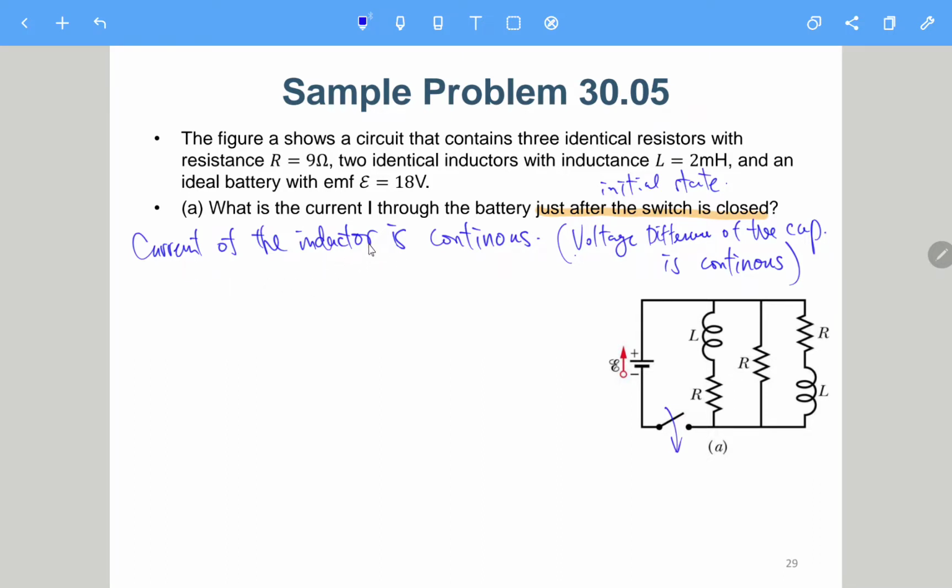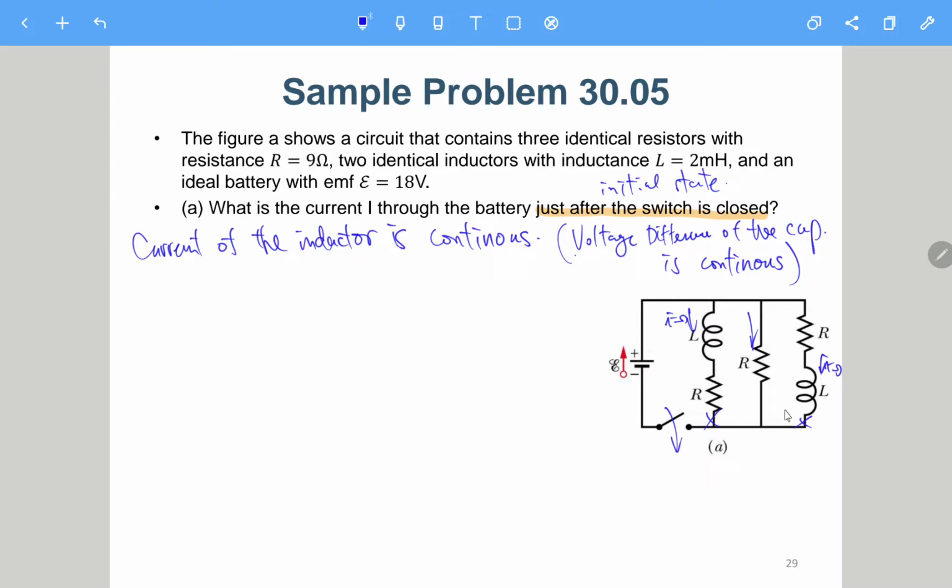The current of the inductor is continuous, and I just mentioned that just before the switch is closed there is no current. So just after the switch is closed there is still no current going through this inductor. I is 0 for this one, I is 0 for this one. So the current can only go through this resistor. Which means that this path is open, this path is also open.